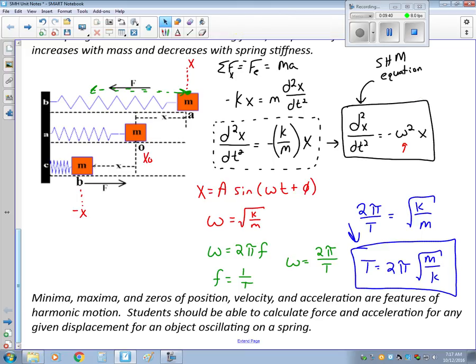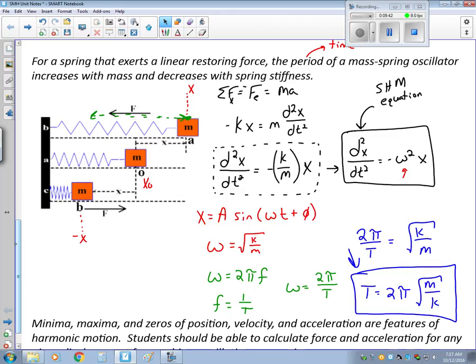So notice then, if we go back up to that definition up there, the period of the mass spring oscillator increases with mass. So notice as mass increases, period increases from our period equation down here, and it decreases with spring stiffness. Now spring stiffness is the spring constant, so notice that as k becomes bigger, T becomes smaller in that period equation.